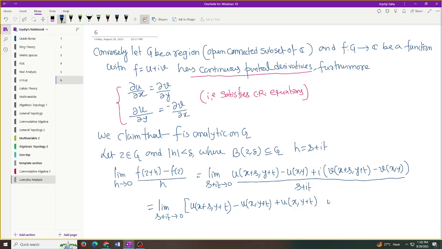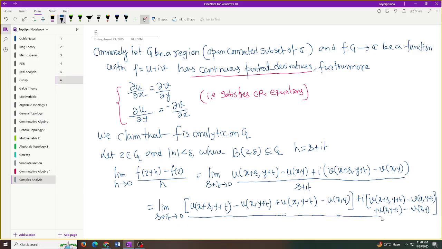I just add them. Same for v, divided by s plus it.